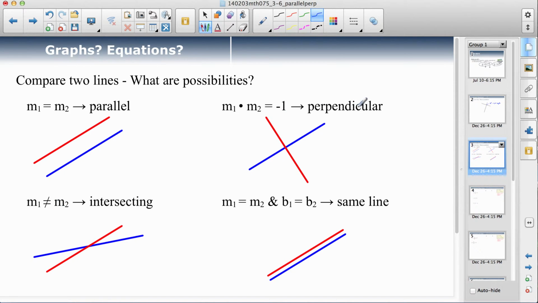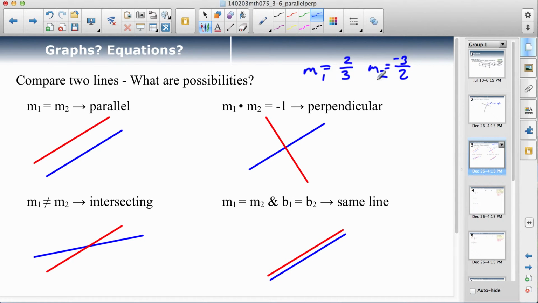Slopes of perpendicular lines are a little funny. It says here that the product of the two slopes is equal to -1. So say, for example, the slope of the first line is 2/3. Then the slope of the second line, which is perpendicular to this one, you'd flip that over, so it'd be 3/2, and you'd change the sign.